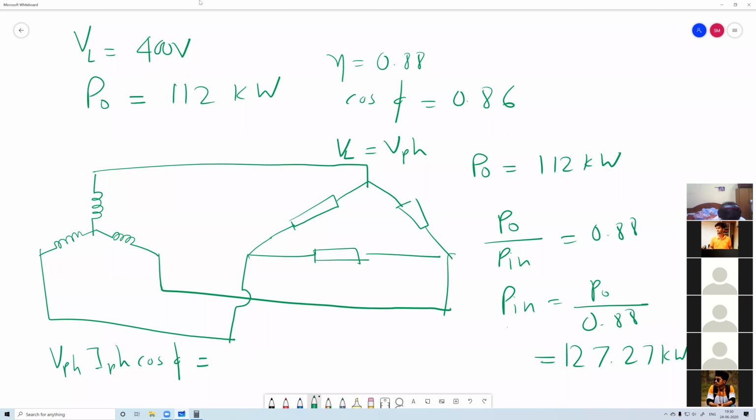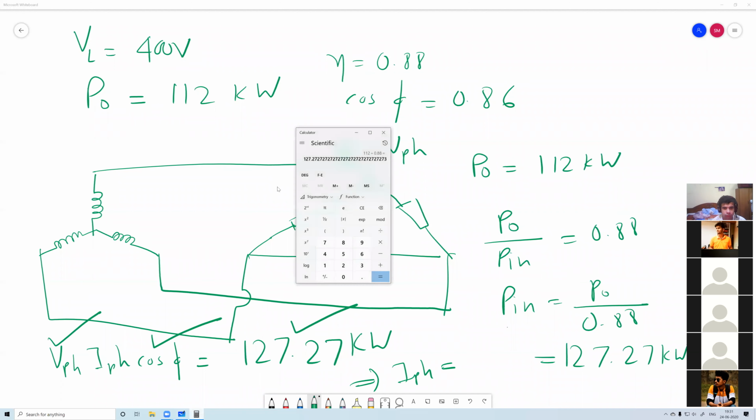This is known. So what is I phase? This is in kilowatts, so I multiply by 1000 to make it in watts.